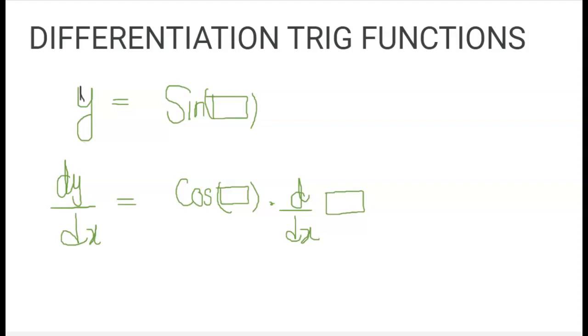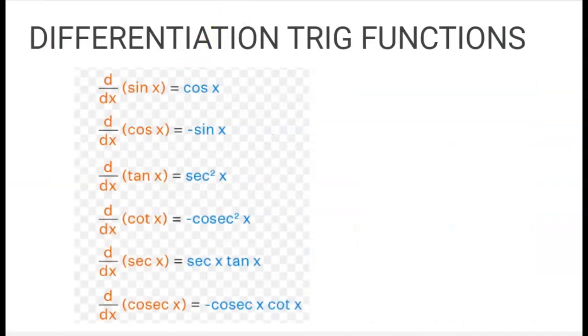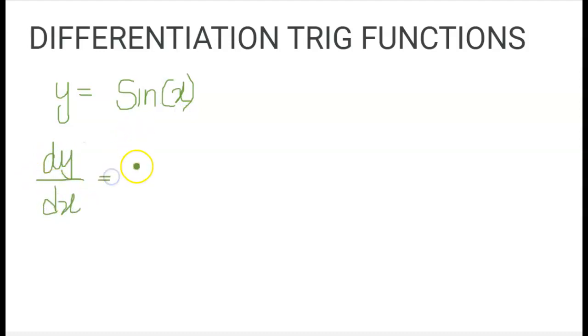Now let's have a look at that and see. I'm going to give you one example. So if I just delete this bit. Now let's say I got a question which is y equals sine x. When you differentiate, dy over dx of that one, the sine becomes a cos of an x, and then you need to differentiate the box.